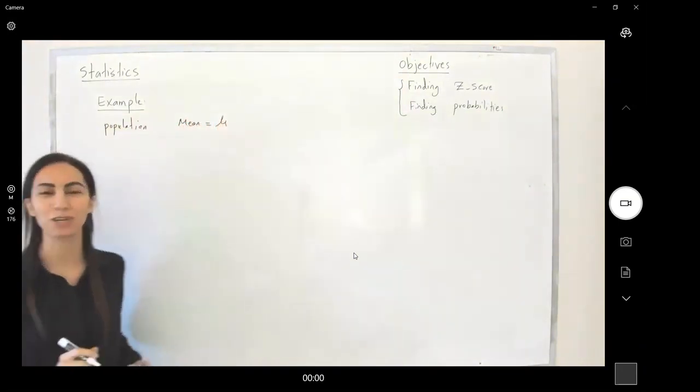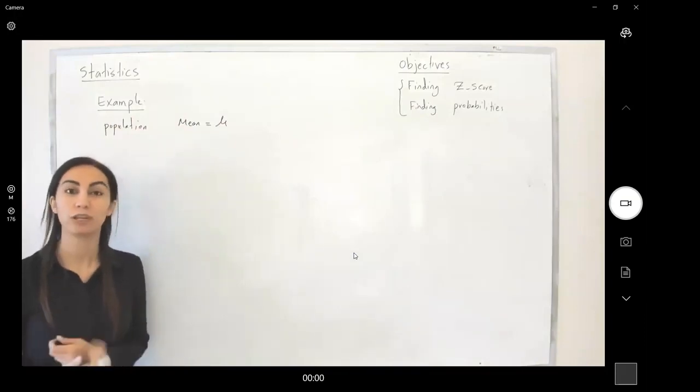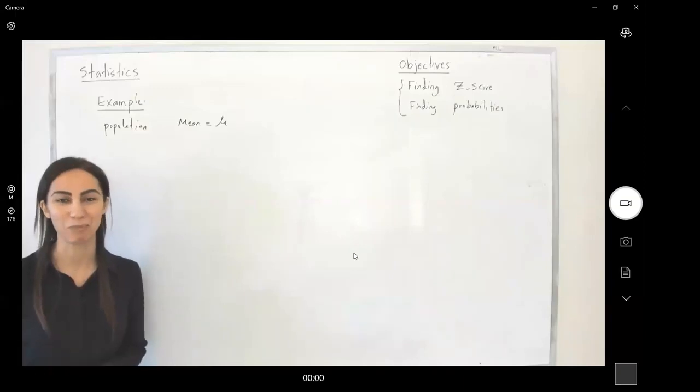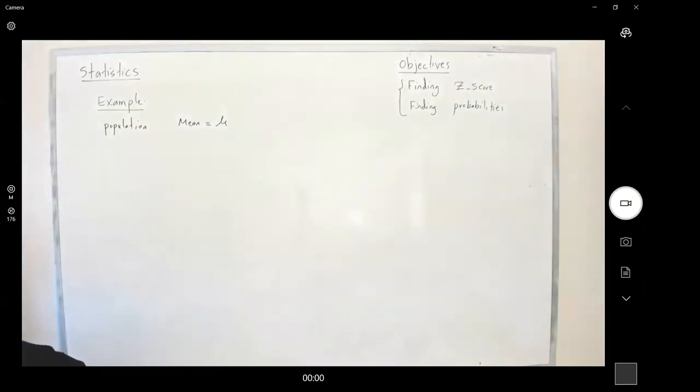Remember that when you're working with population parameters, they take on Greek symbols. So in this case, we have mu, which is 10, and sigma, which is 4.